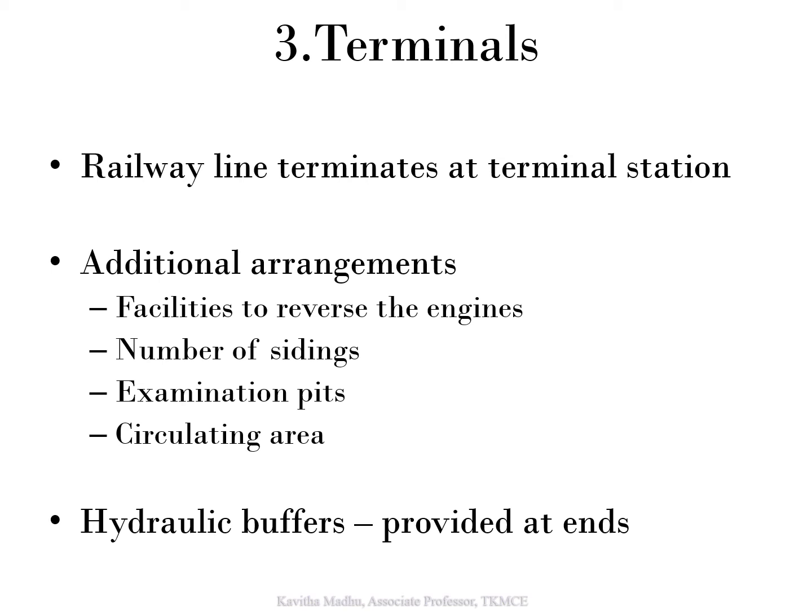Usually terminal stations need to handle a huge number of passengers. So that much facility should be provided at the terminal station, like the circulating area should be adequate for the ticket office, restaurants, and also to provide other amenities for the passengers.